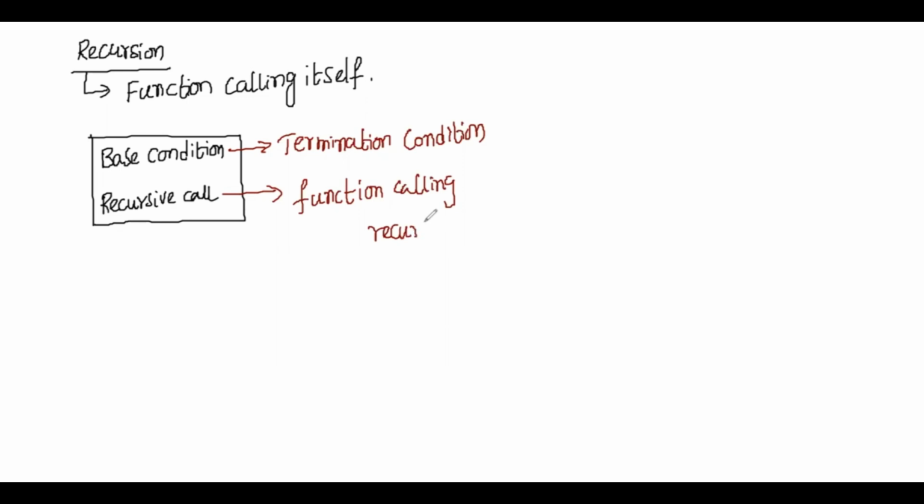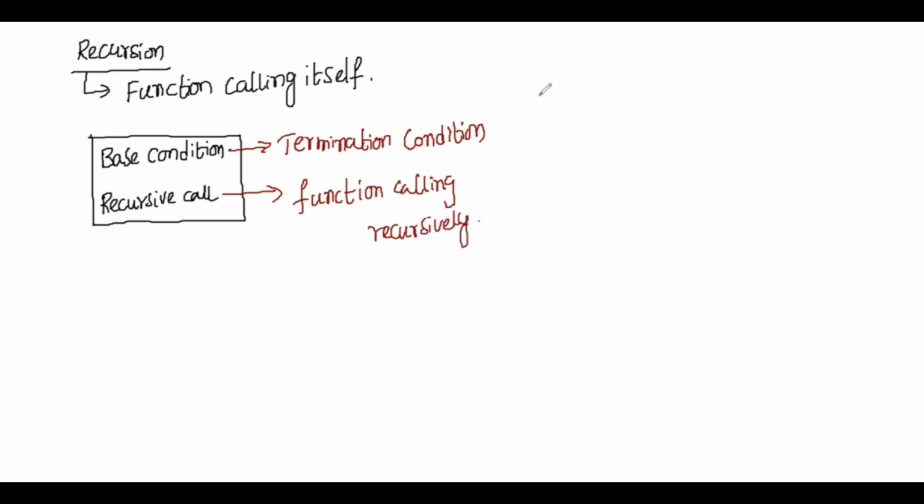This base condition is also known as the termination condition for the recursion. And this is a recursive call which will help the function to move to the next recursive call. So this is a function calling recursively.